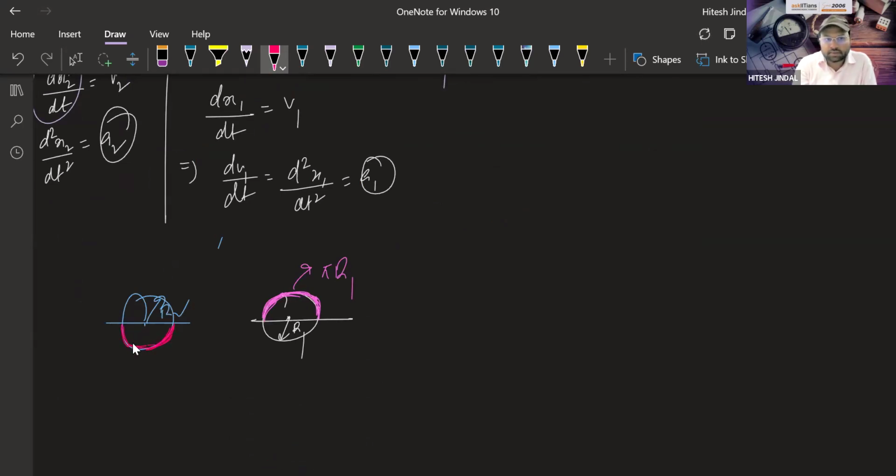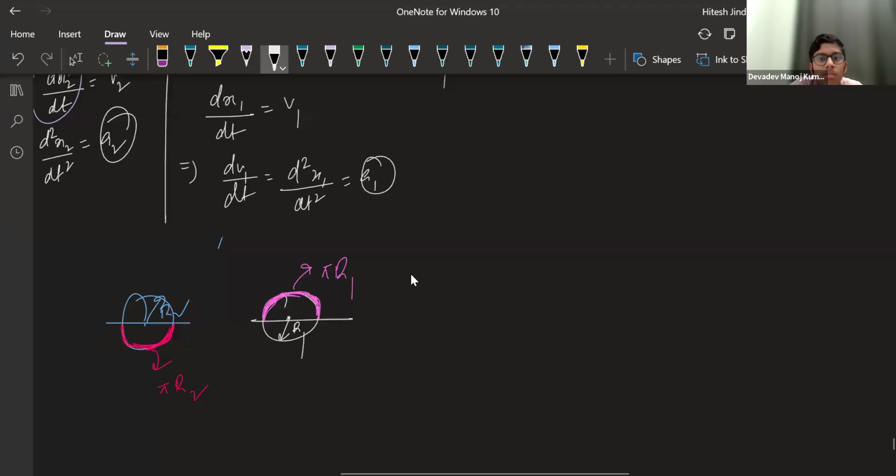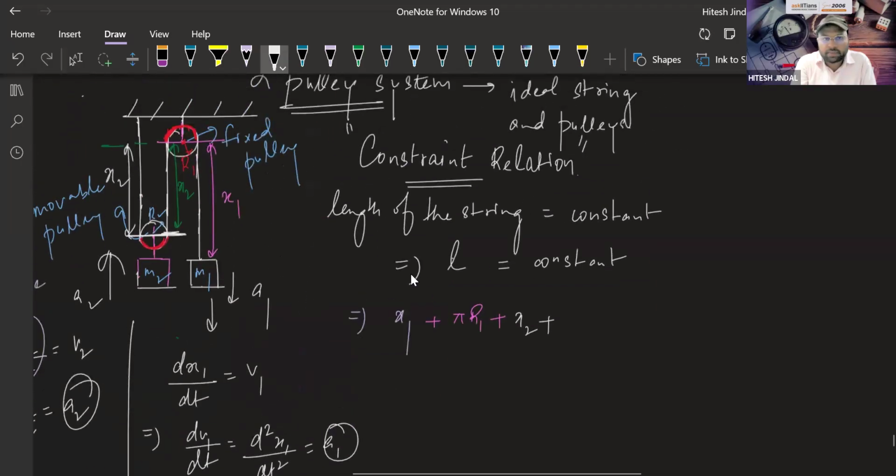So what is the length here? Pi R2. So we'll write x1 plus pi R1 plus x2 plus pi R2 plus again x2, right? Again x2 plus. Now this length is also there, right?